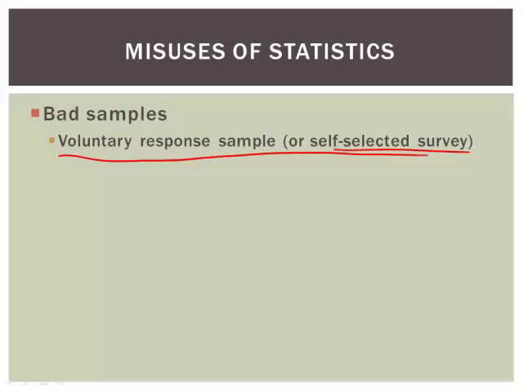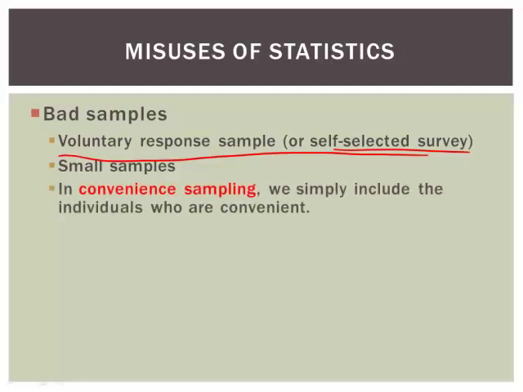So this is one of the biggest ones that we see, voluntary samples. Whenever you see a voluntary survey, pretty much any conclusions drawn from that, I don't even think about. Small samples. If you're sampling 7 or 8 people, that's way too small. We will talk about what sort of samples you need in order to know how confident you can be about your conclusions. Convenience samples, really only including individuals who are convenient.